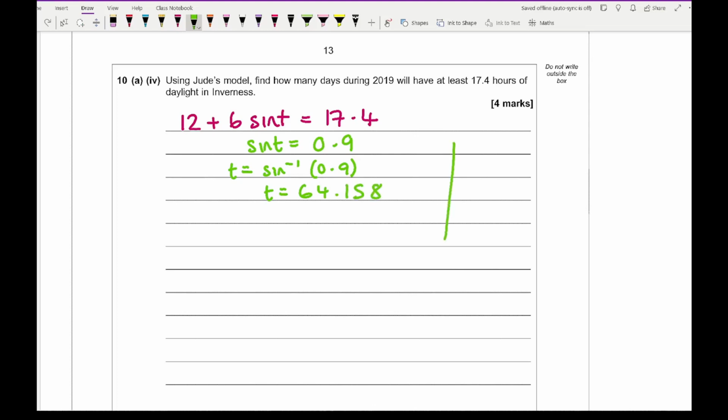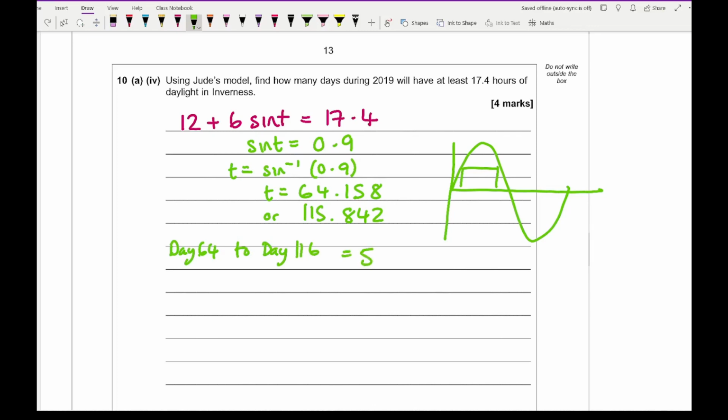Then using the sine graph, I need to work out what the other value is going to be. So it's going to be 180 take away 64.158, and that gives me 115.842. So then working out how many days there's going to be, well, it's from day 64 to day 116, which then gives me an answer of about 53 days.